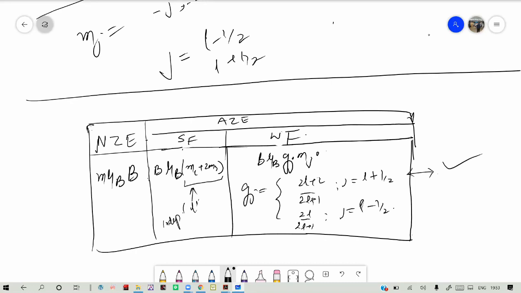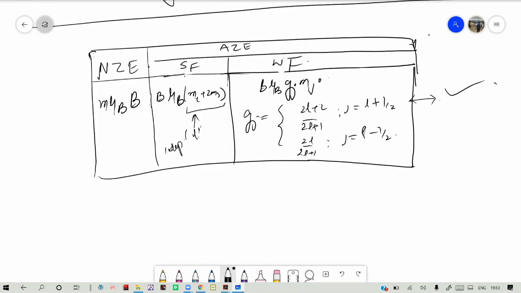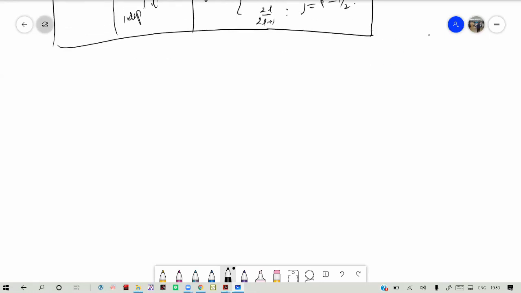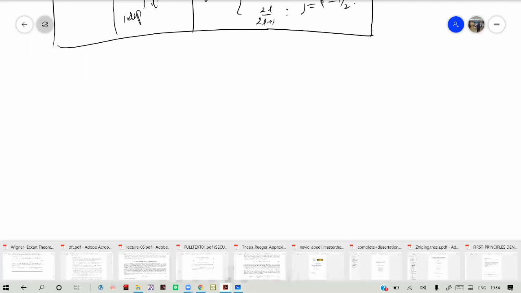Yes, sir. Okay. And I will give a simple energy level diagram. I hope you will understand it. If not, we can discuss it later on, no issue. So let me show it here. Maybe it is available somewhere here. Sorry, it is not here.